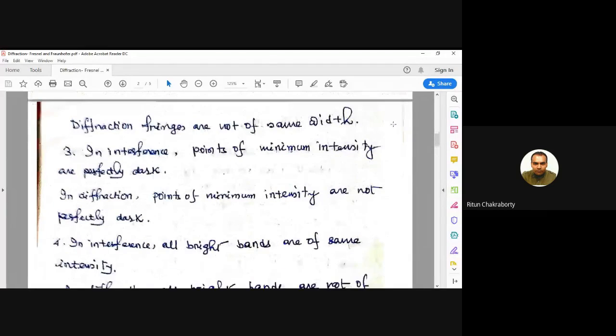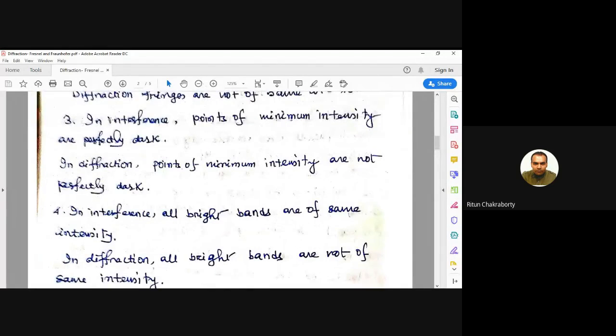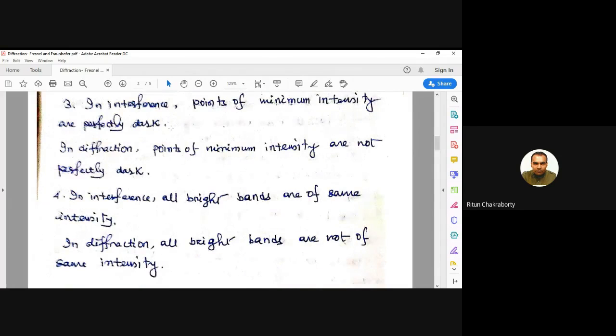Okay. So the third difference between interference and diffraction is that in interference, points of minimum intensity are perfectly dark. But in diffraction, points of minimum intensity may not be perfectly dark. Okay.